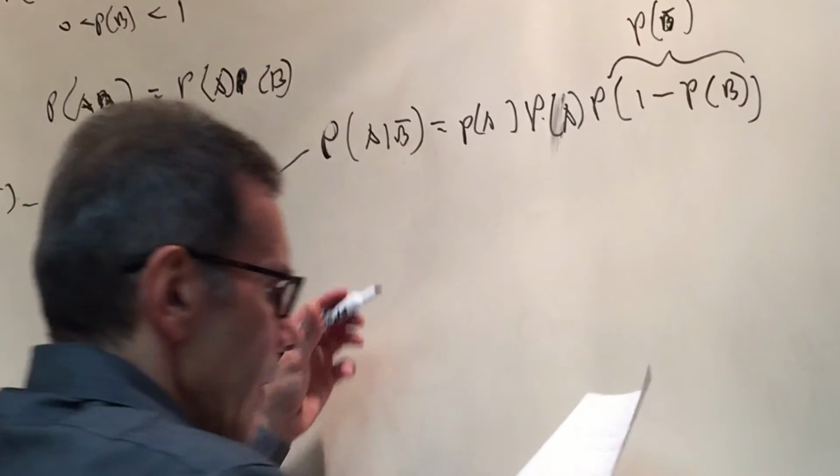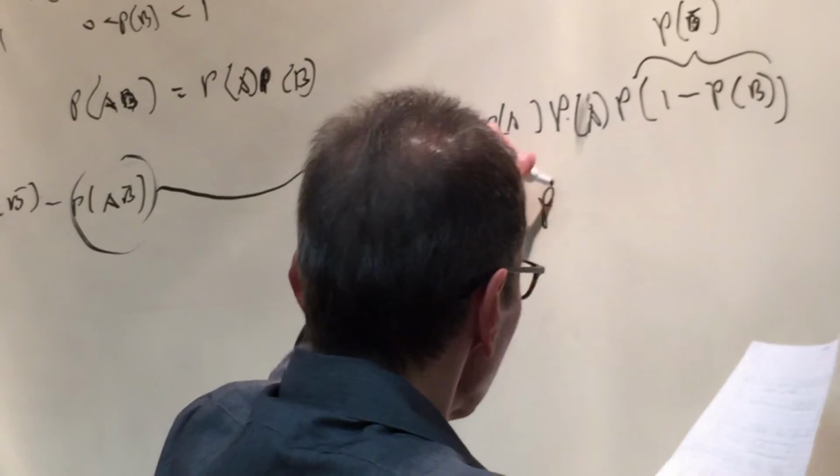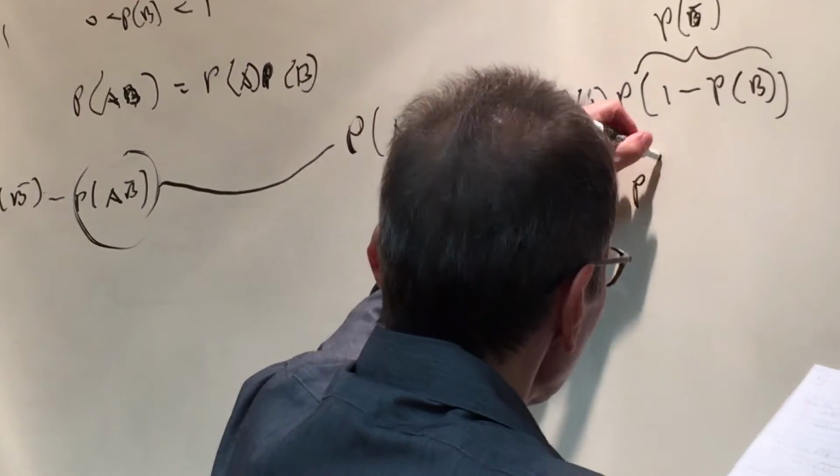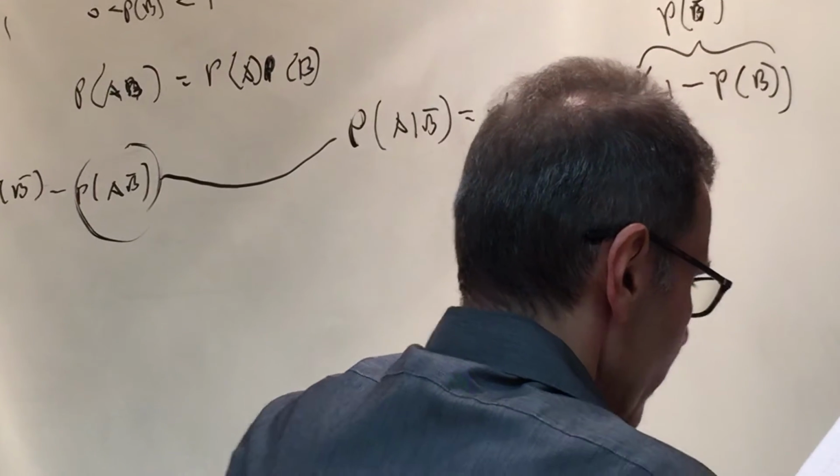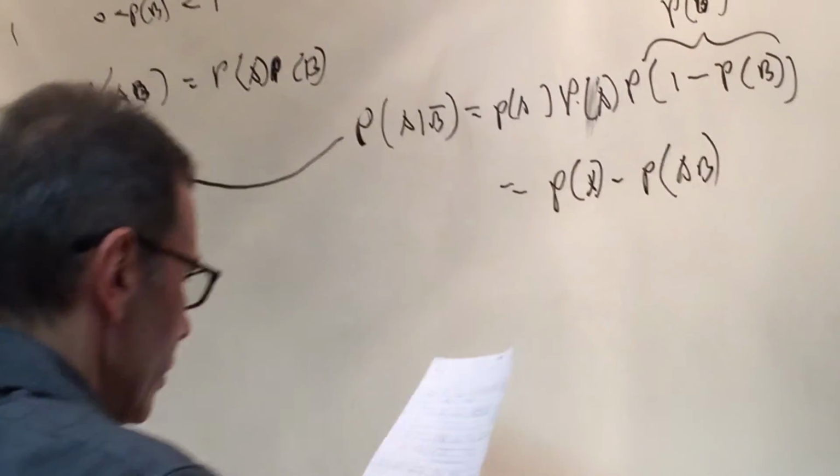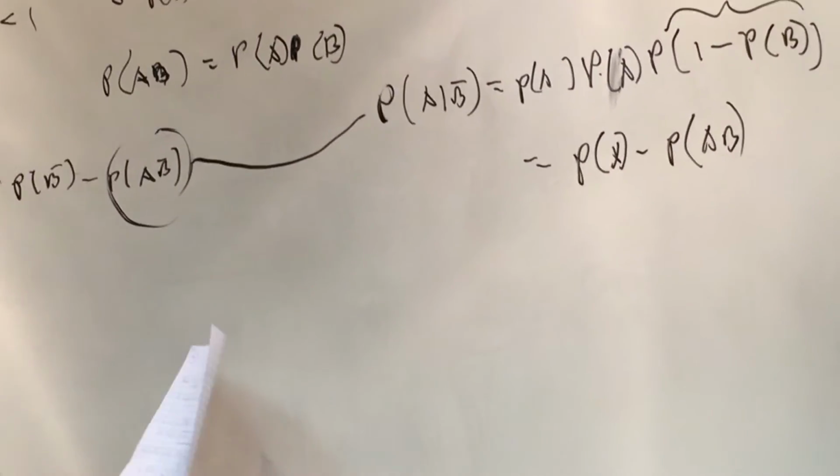And then from there, we're also going to say that this is equal to the probability of A minus probability of A intersect B. Okay, we're going to put this back into one of the previous equations.